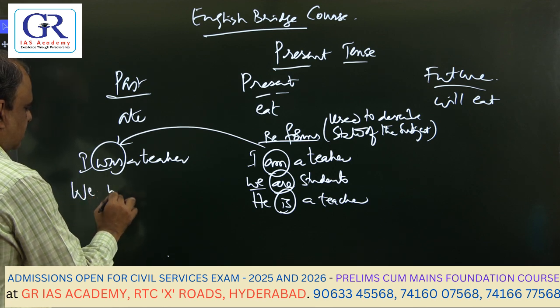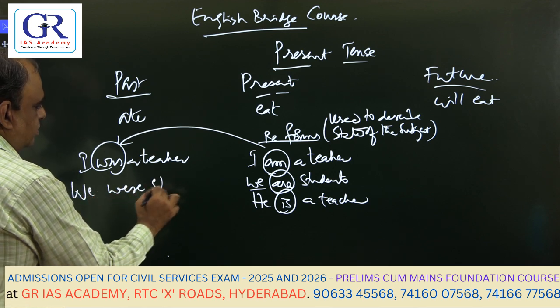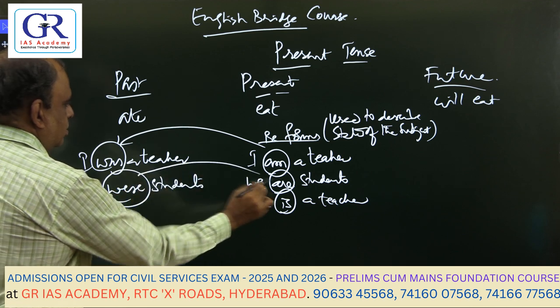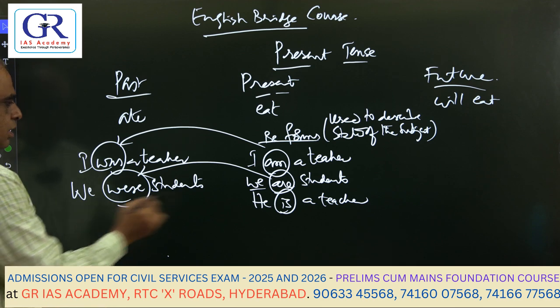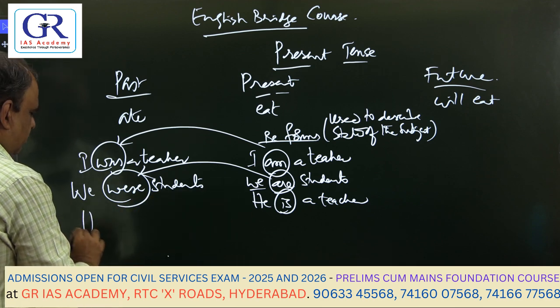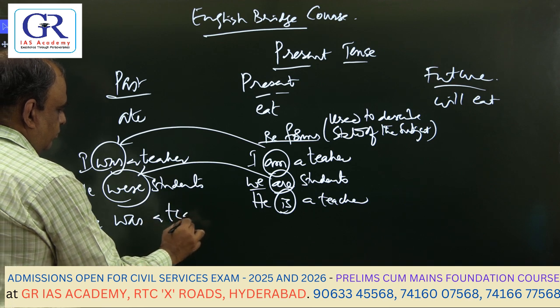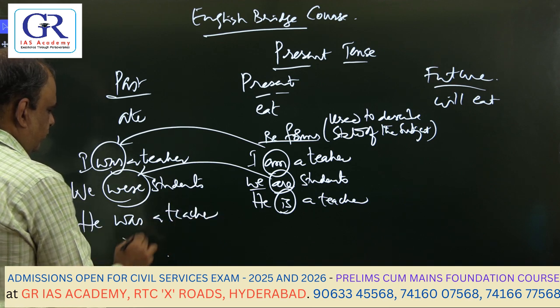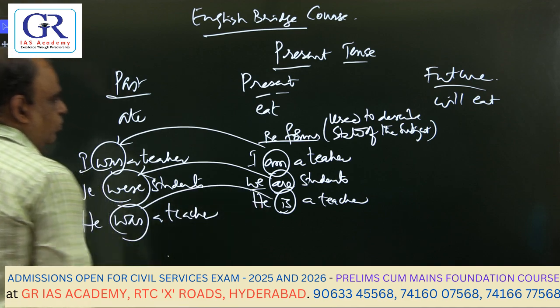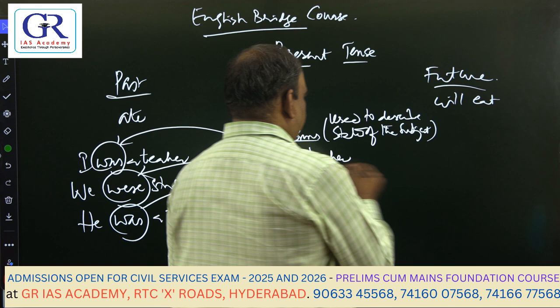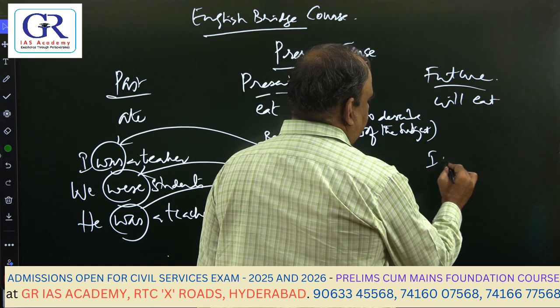It becomes past tense, we were students. He is a teacher. It becomes he was a teacher. Okay. When we go to future, what I am writing? I will be a teacher.